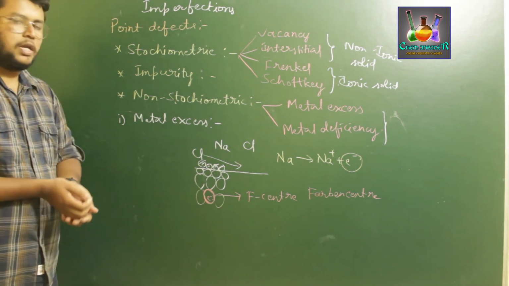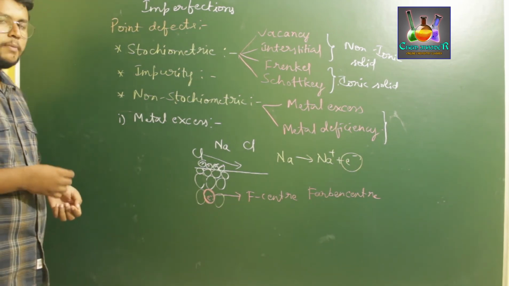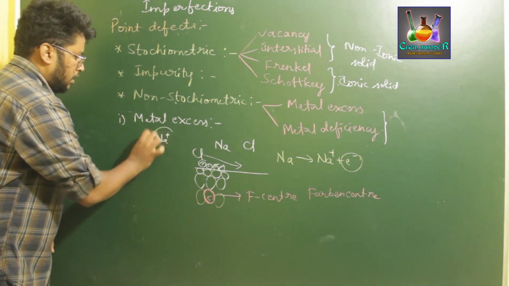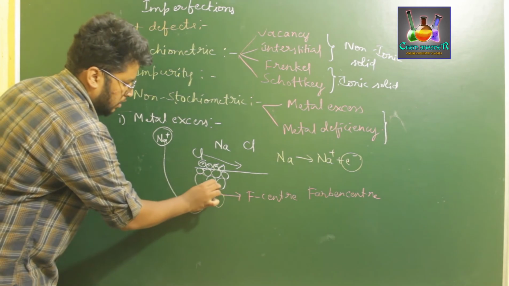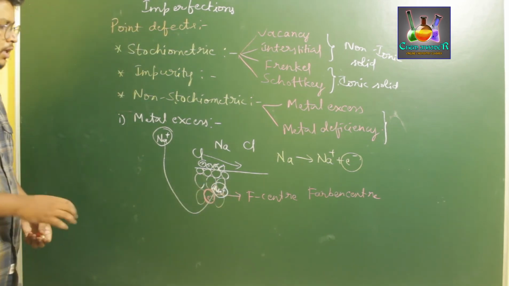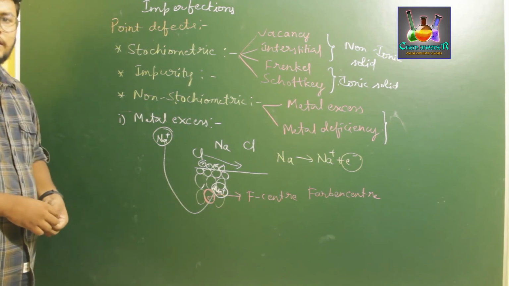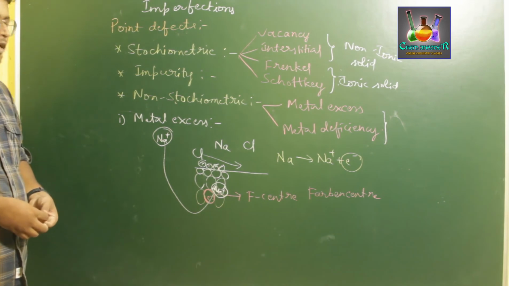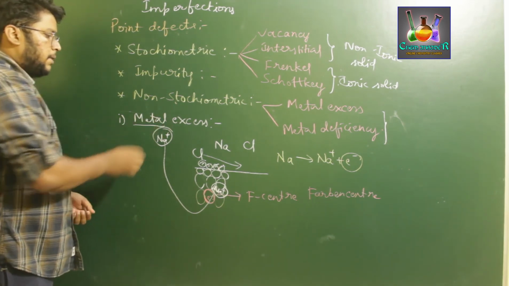This is one type of metal excess defect, and the other type is one of the metal ions positioning itself at an interstitial position. If a metal ion occupies an interstitial site, then that type of defect is also called the metal excess defect.